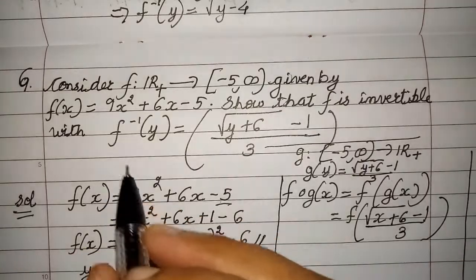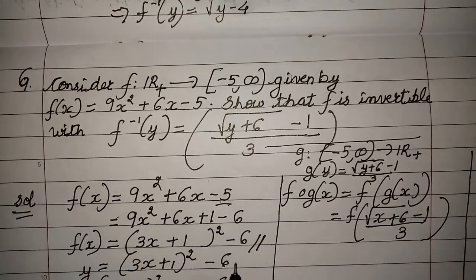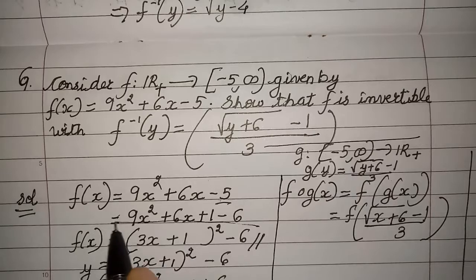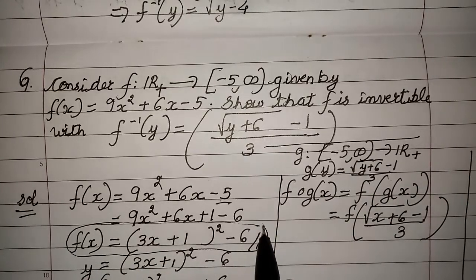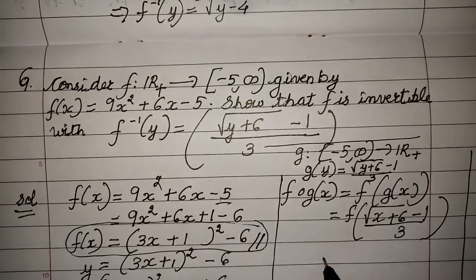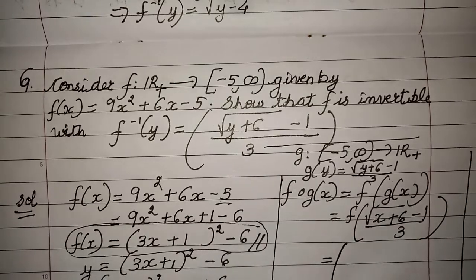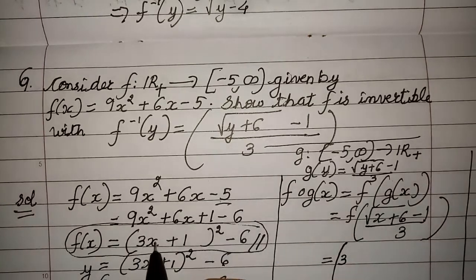Now how is f of x defined? Take the new definition. What is my f of x defined, children? F of x is 3x plus 1 the whole square minus 6. So what will I write here? I will write very carefully 3 times this number.